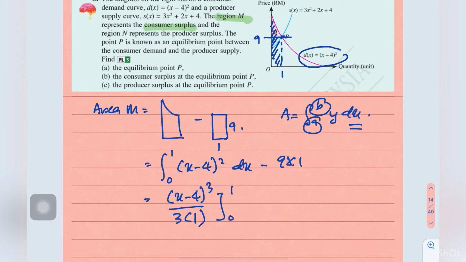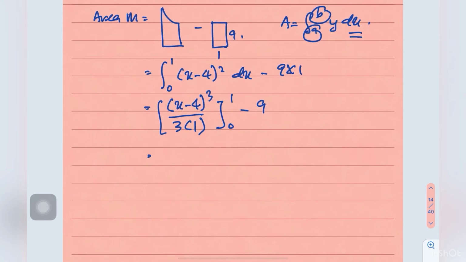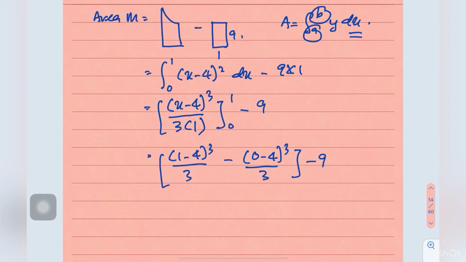So from 0 to 1, minus 9. Okay, so then the rest you just simplify. We substitute upper limit minus substitute lower limit. So (1 - 4)³ over 3, minus (0 - 4)³ over 3, minus 9.